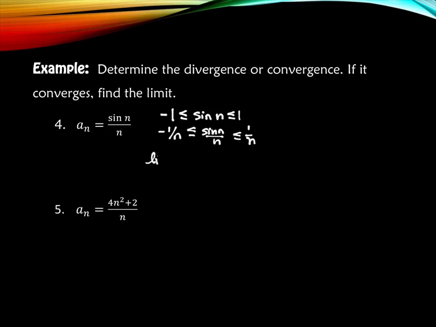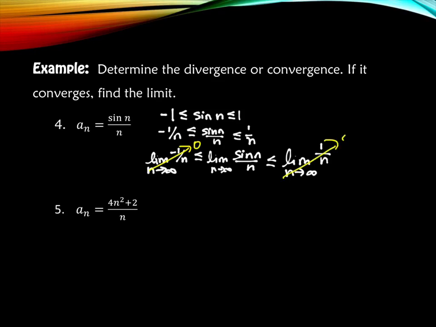So the limit as n goes to infinity of -1 over n is less than or equal to the limit as n goes to infinity of sine of n over n, which is less than or equal to the limit as n goes to infinity of 1 over n. But this one goes to 0, and this one goes to 0.